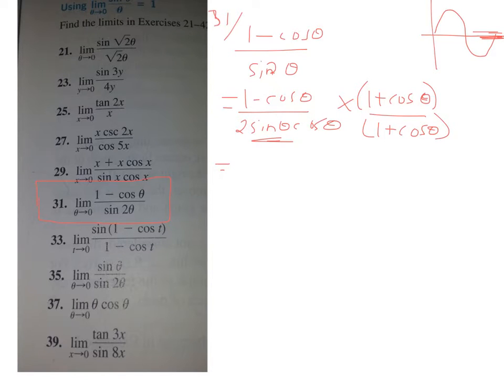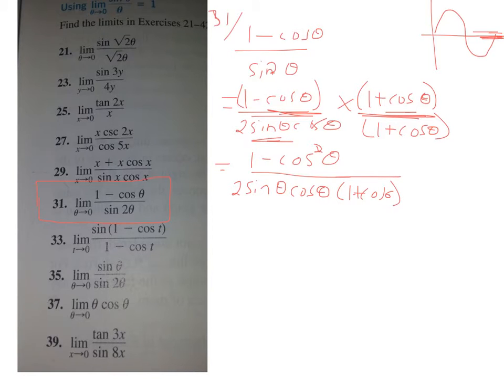When I multiply the top two factors, I end up with 1 minus cos squared theta. I did that on purpose. I made a difference of squares, and the reason is that 1 minus cos squared theta is one of our Pythagorean identities.